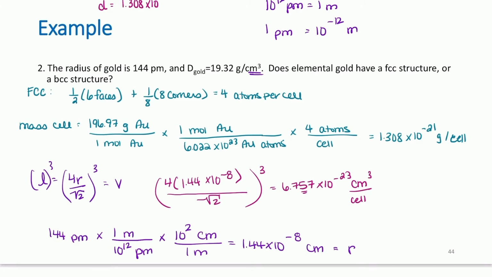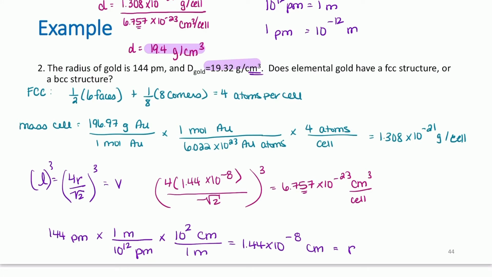I think I cut it off earlier when I erased something by accident. 10 to the minus 21 grams per cell divided by 6.757, underline that 5 where my sig figs are at, times 10 to the minus 23rd centimeters cubed per cell. My density equals 19.4 grams per centimeter cubed. It's really, really close.